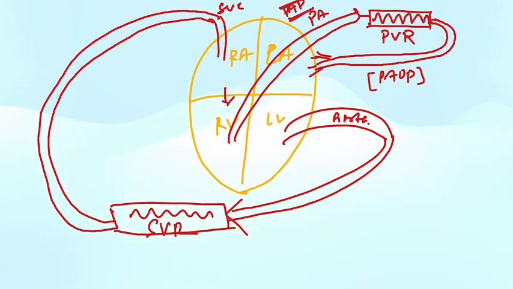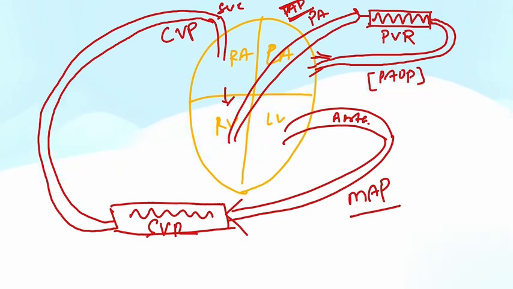Across this systemic vascular resistance, the driving pressure is the difference between mean arterial pressure in the aorta and the returning pressure, which is CVP, central venous pressure.